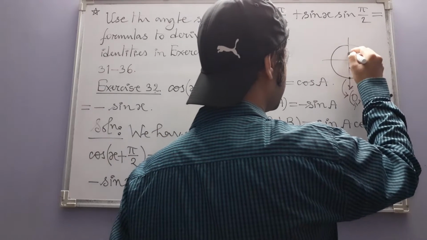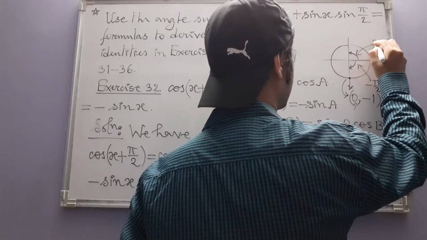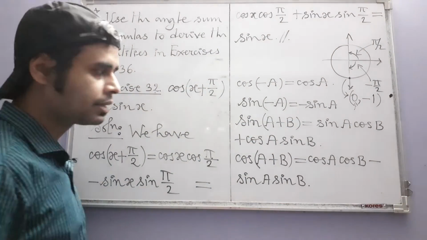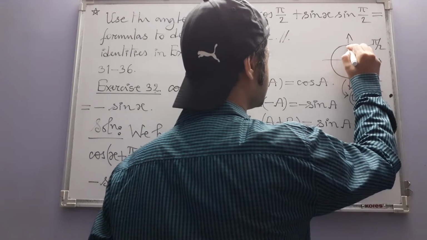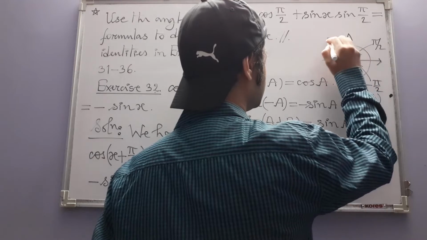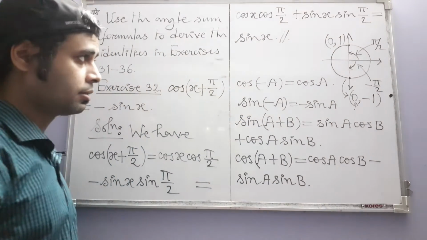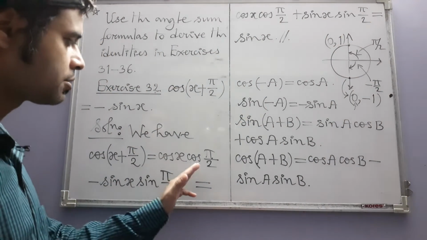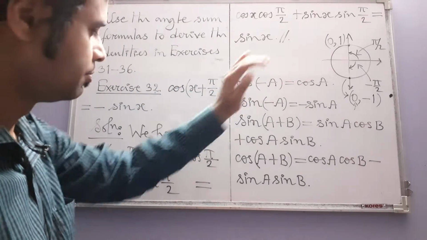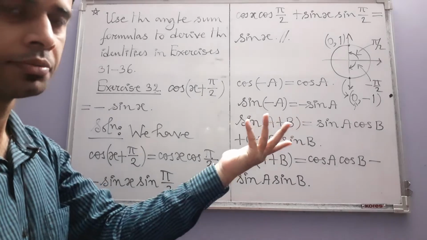That means the amount is pi over 2. So now this is your final ray, and that final ray intersects the unit circle at a point whose coordinates are 0, 1, and that is why cos pi over 2 is 0, because that is the x coordinate by definition, and sin pi over 2 is 1.